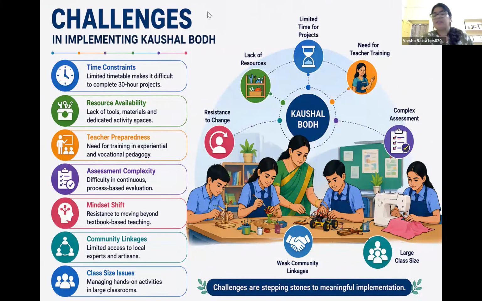Then resources की availability. How would you make resources available for the projects that you have taken up? Teachers' preparedness. This is also very important, that whosoever teacher you are taking up for this work has to be prepared before taking it. क्योंकि इसमें assessment भी involved है, practical hands-on भी involved है.